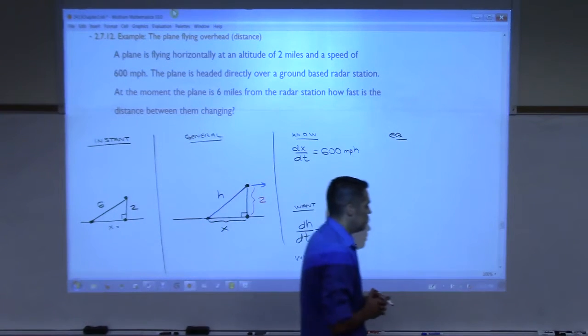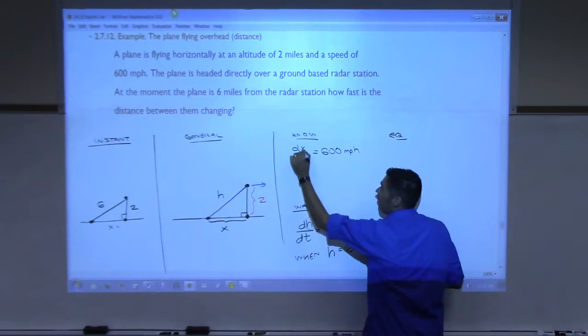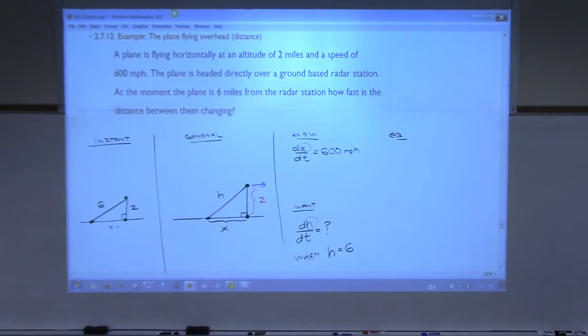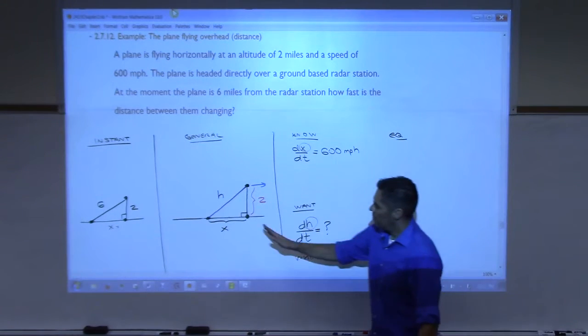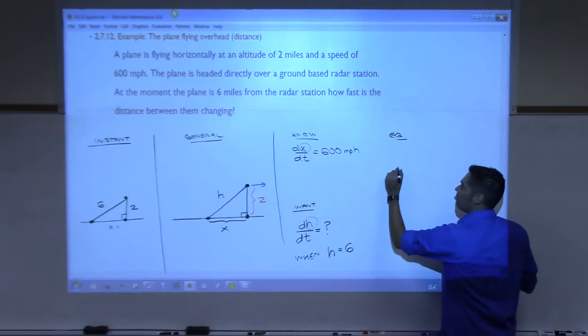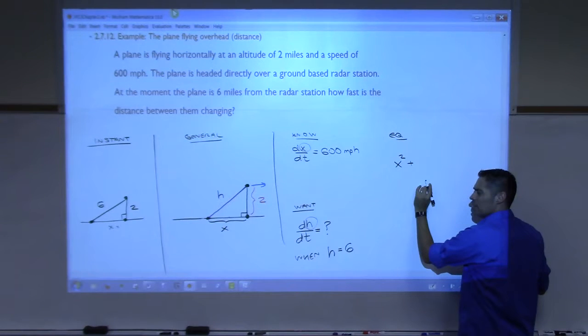What is the equation that is somehow going to relate h together with x? Any equation you can come up with. Okay, how does that go? A squared plus b squared is c squared for a right triangle. So for us, we really mean this squared plus this squared must be this squared. Let me write that down. X squared plus, can I write 2 squared?